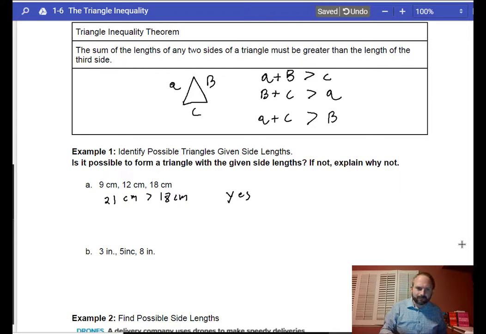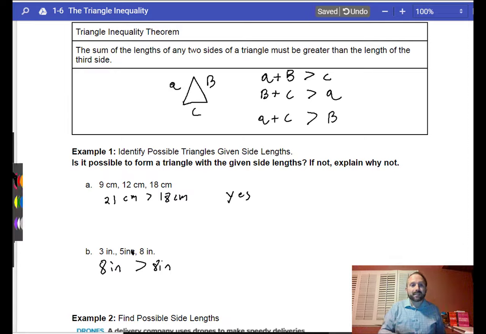All right, next one. It says 3 inches, 5 inches, and 8 inches. So I'm going to add the two smaller sides. I get 8 inches. And is that bigger than 8 inches? No, it is equal.